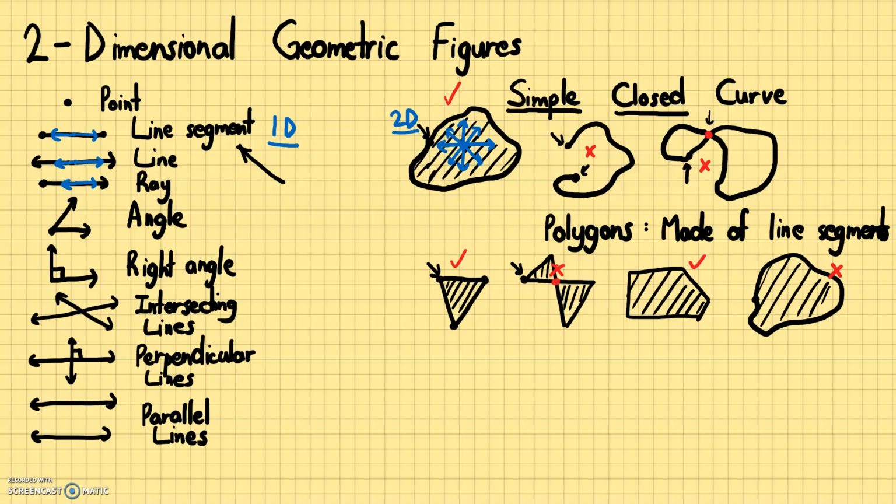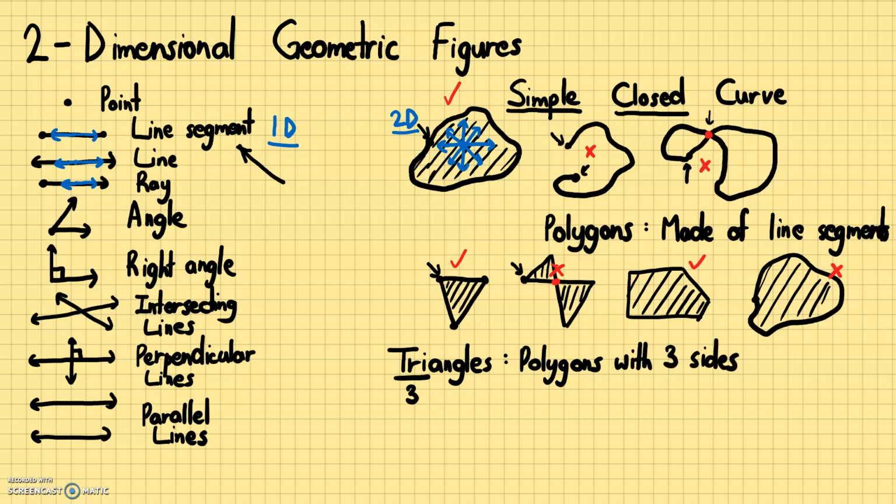Now inside the category of polygons, we have what's called triangles. And I'm sure you've heard of the word triangles before. The prefix tri means 3. So triangles are polygons with 3 sides.